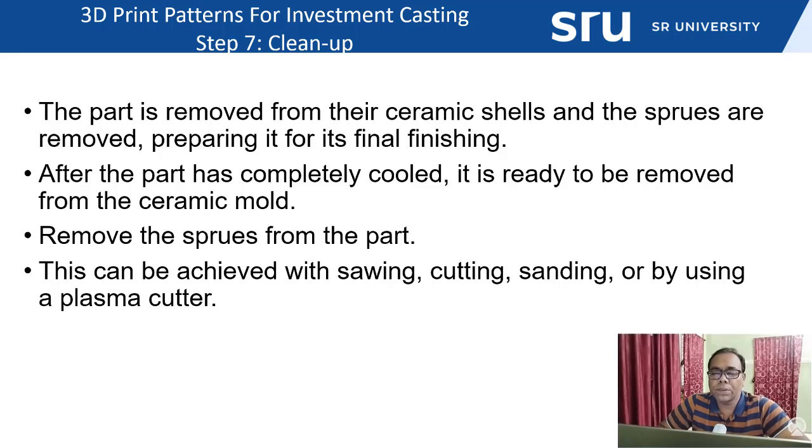After that you perform the cooling process, which leads to the final dimension, and you get the part that is produced. After the part has completely cooled, it is removed from the ceramic mold, and the screw of the same pattern is removed. This can be achieved through sawing, cutting, sanding and blasting, or a plasma cutter, so that whatever uneven surfaces are there are removed and a quality surface finish is achieved.